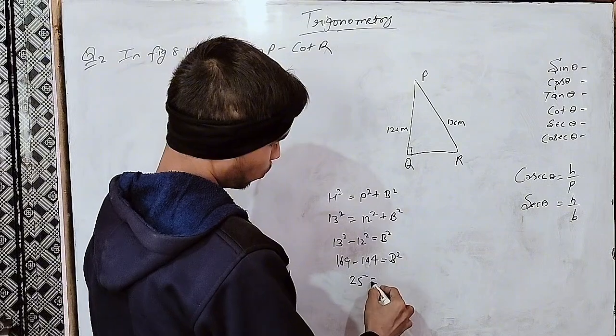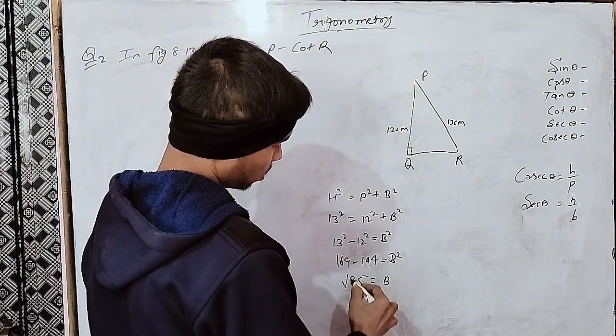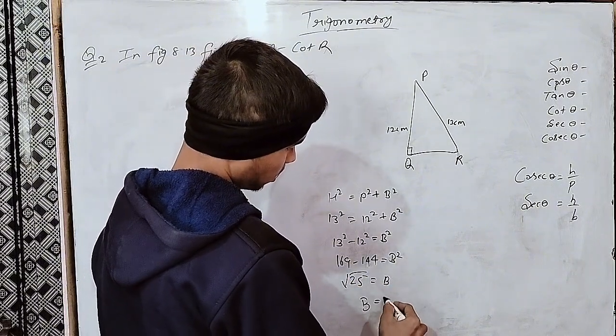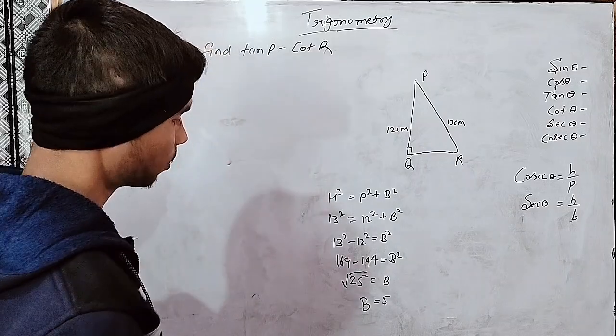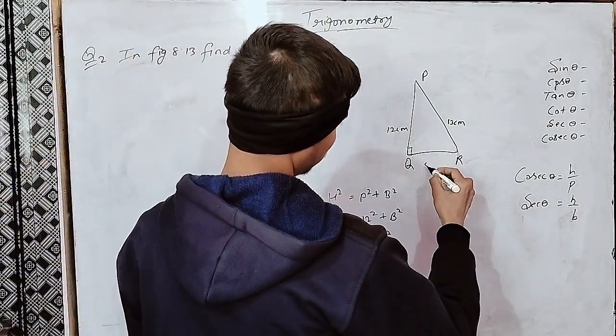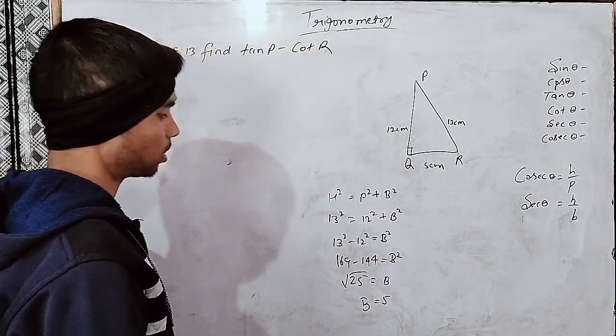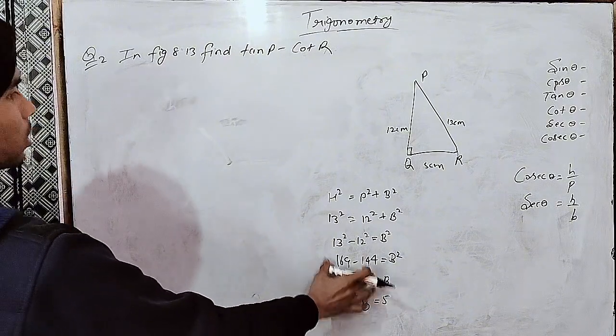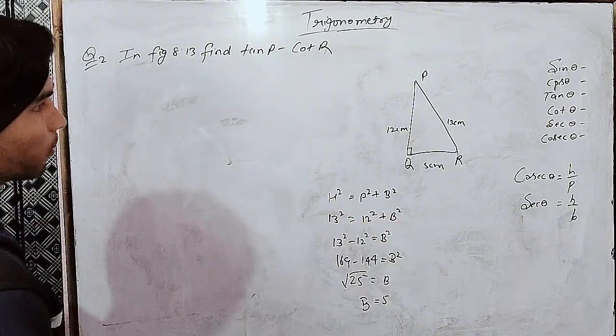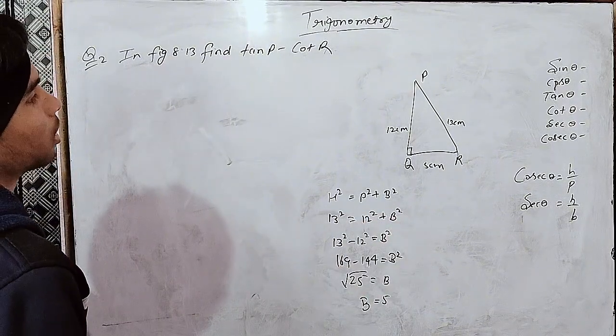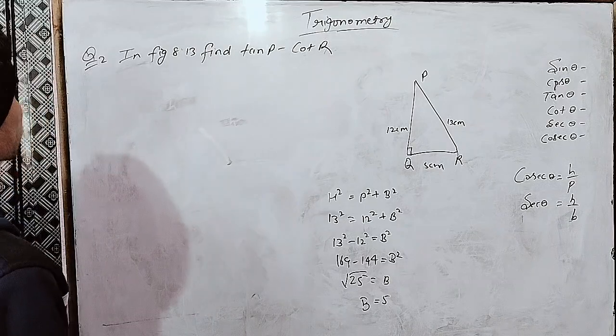Then we have B is 5 centimeter. This is 5 centimeter. That is how we can find out the value of any side of a triangle.